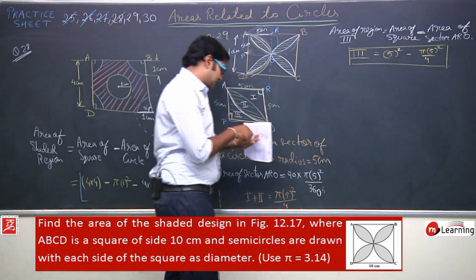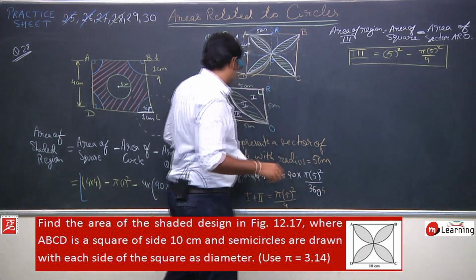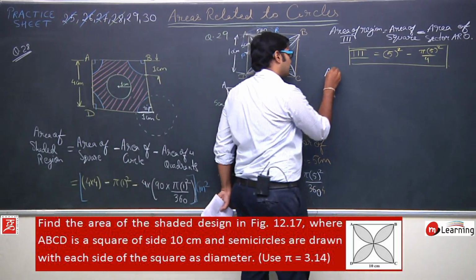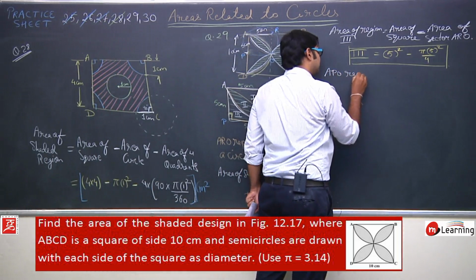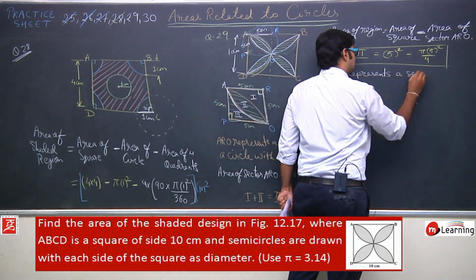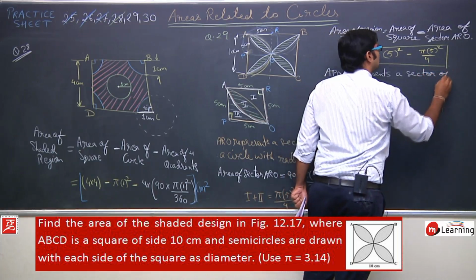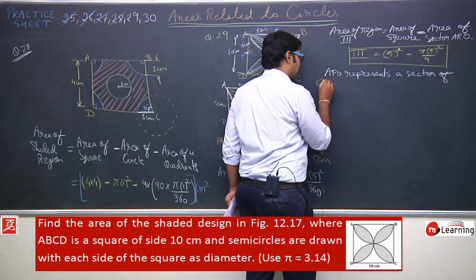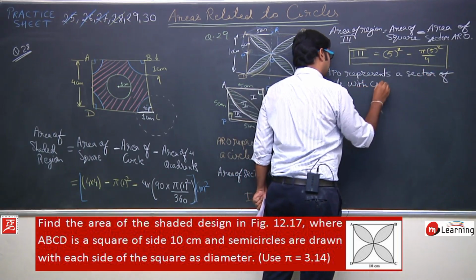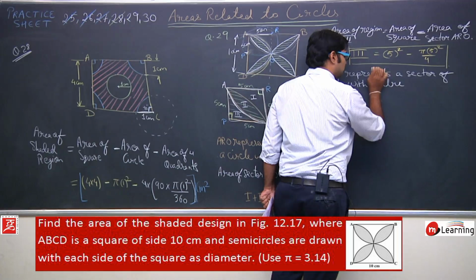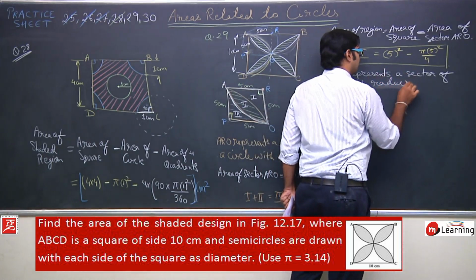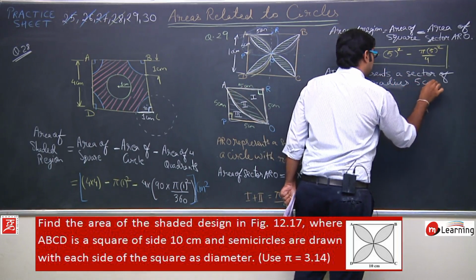So what I can say is, similar to this region as I have written, I can say that APO represents a sector of a circle with radius 5 centimeters.